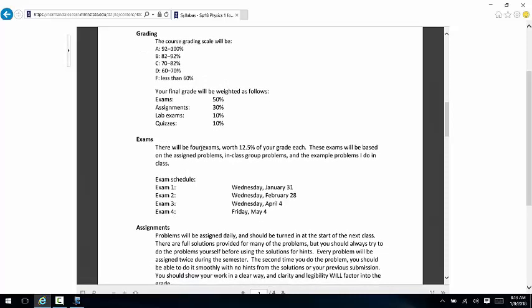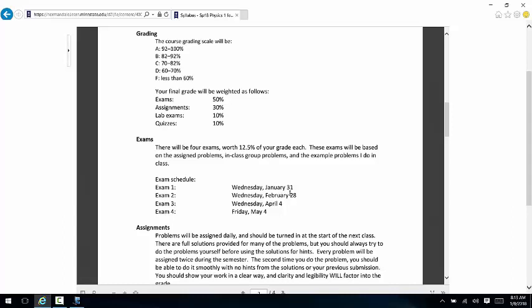Okay, there are 4 exams. The dates of the exams are listed here. I know all of you have busy schedules, and your days aren't as flexible as most college students, because you have to go to class at high school, you have extracurricular activities and stuff. Most of you can't drive yet, I don't think, right?